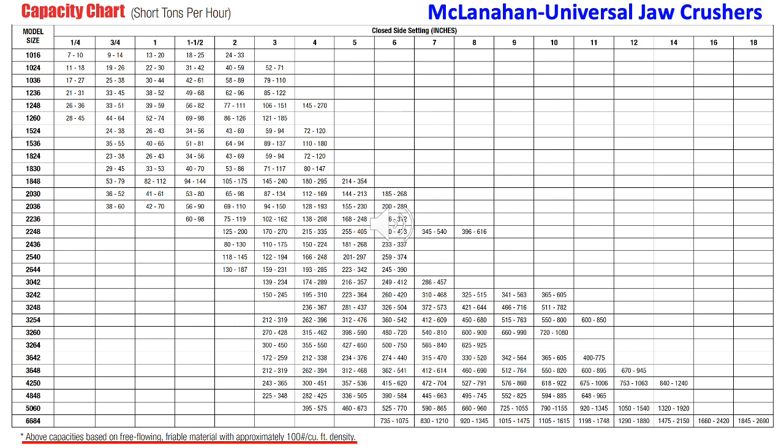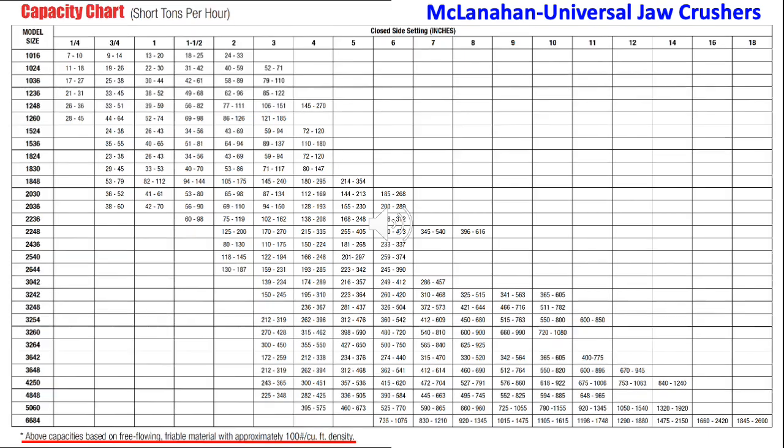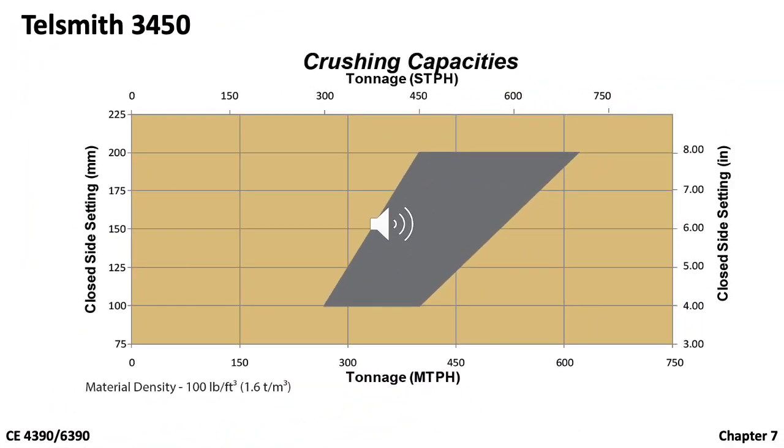This chart gives you the estimated production in tons per hour for different models and closed size settings. And this is one example of a performance chart for TestMate 3450, and the vertical axis in this chart is the closed side setting in millimeters or inches, and the gray area indicates the capacity range.